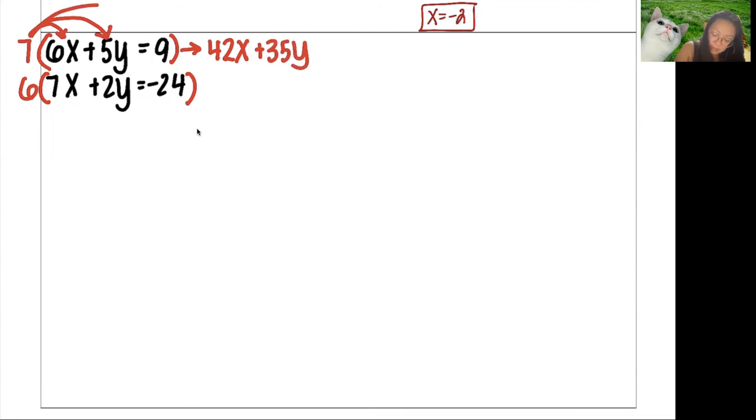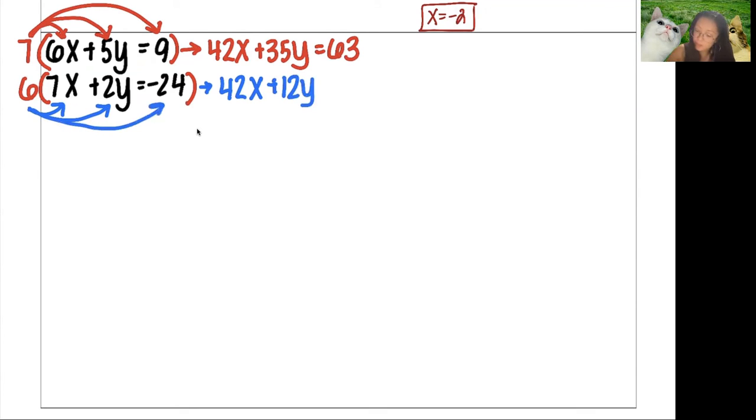And then 7 times 9 is 63. And do the same thing for the bottom equation. 6 times 7x is 42x. 6 times 2y is positive 12y. And 6 times negative 24, let me put that into my calculator, is negative 144.